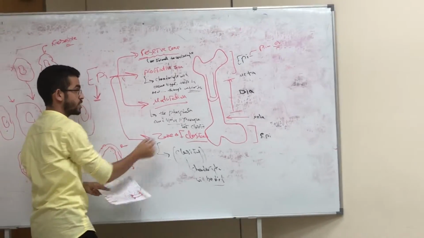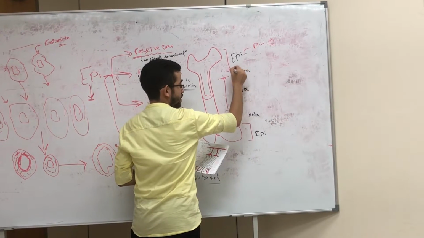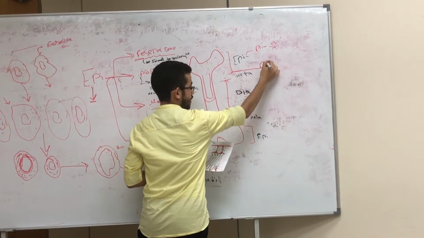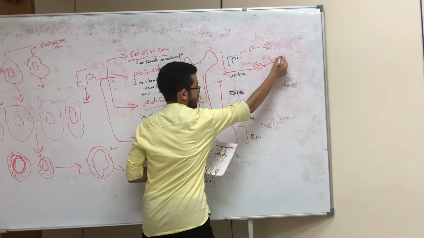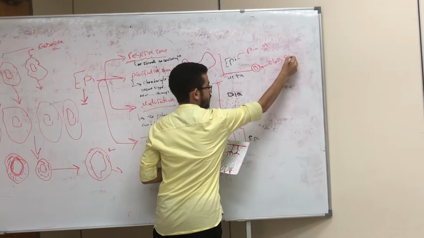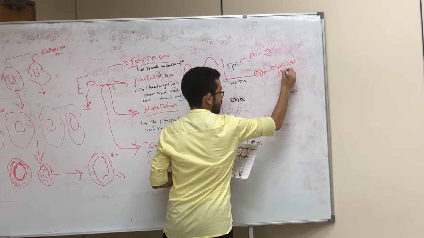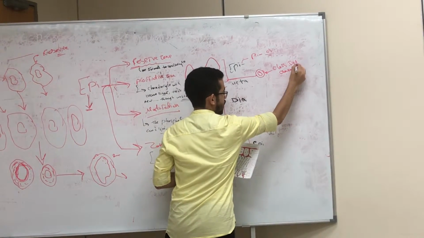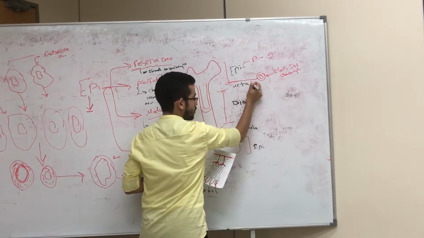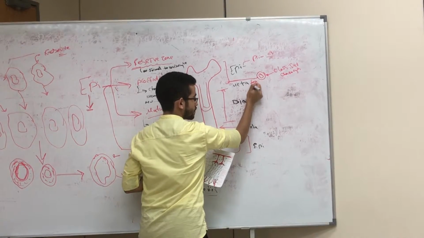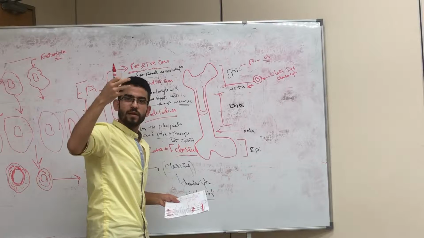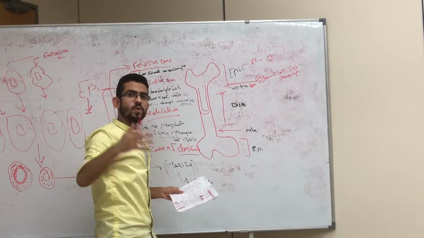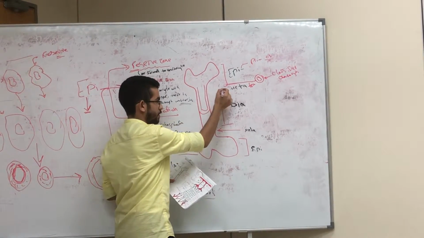Let's say this is our calcified chondrocyte. The calcified chondrocyte will enter the metaphysis. It will not move in; it will form on this area.